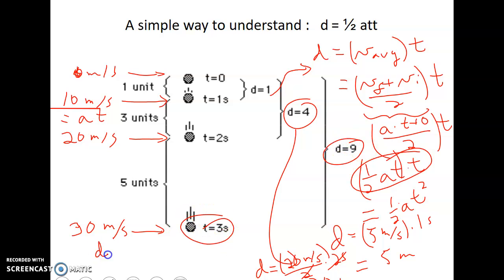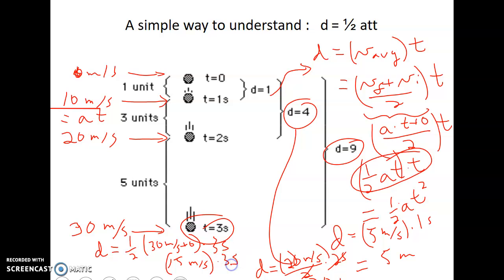All right, I'm running a little short on room here, but for 3 seconds, we find that the distance is going to be 1/2 of 30 meters per second plus 0, right, times 3 seconds. So 1/2 of 30 is 15. 15 meters per second is the average velocity during the first 3 seconds.